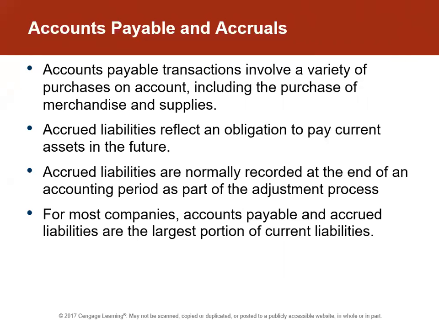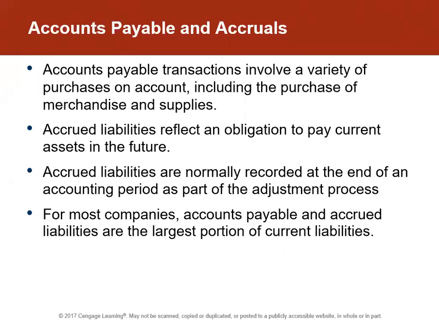So we may not pay them until the next Friday, whatever that would be, like the 7th or 9th. But we need to recognize the salaries payable in the current year. They worked the 29th, 30th, and 31st. That earned wages needs to go on that year, even though we're paying them next year.